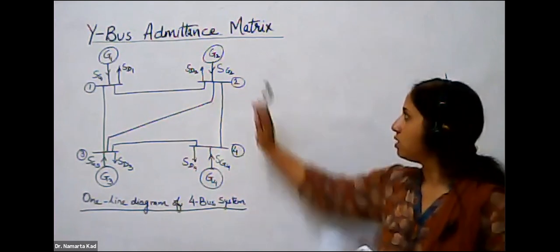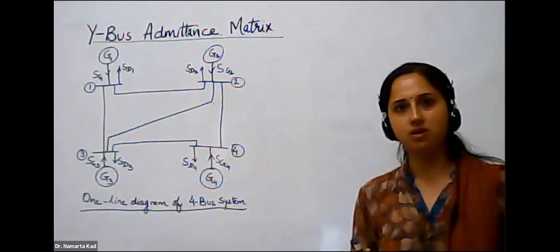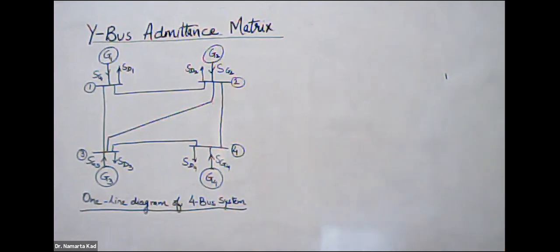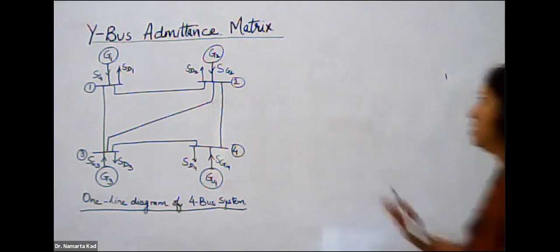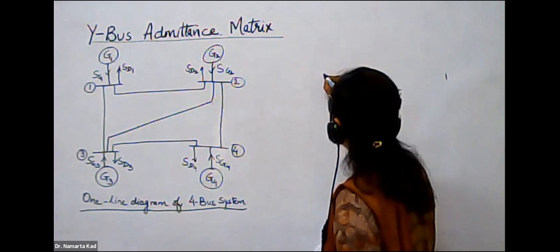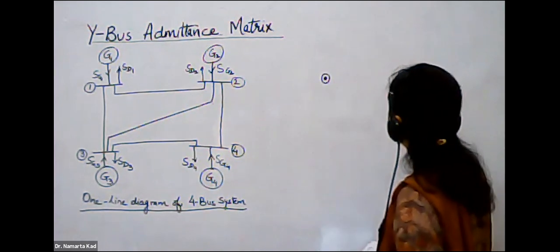Now we have to draw a similar diagram by representing the admittances in the figure. Let's start with the same diagram. Firstly, these 4 buses are simply represented by dots like this.